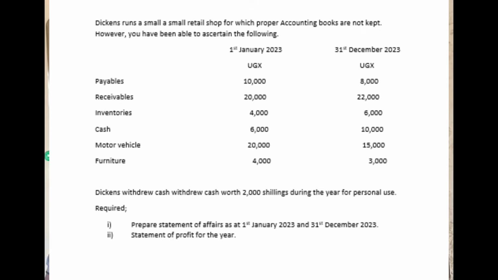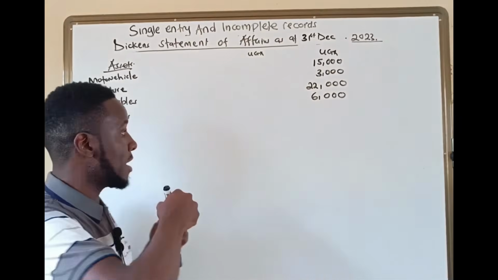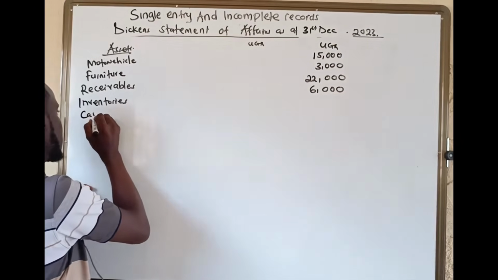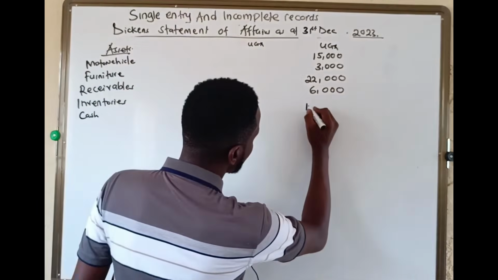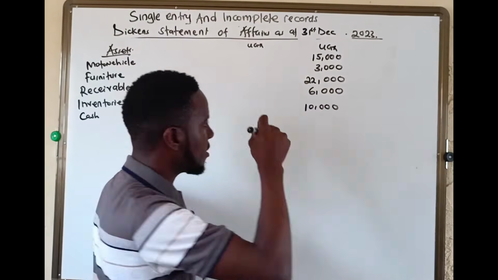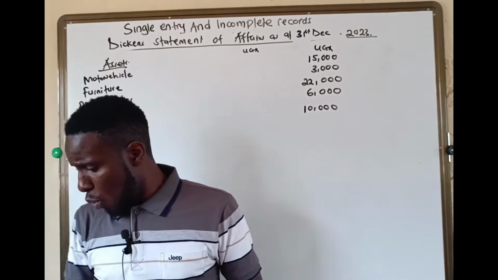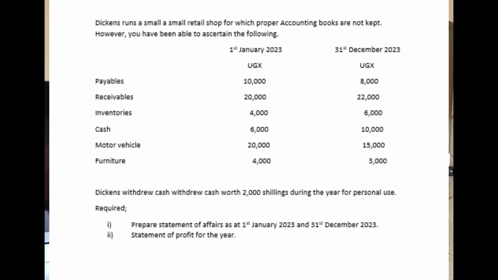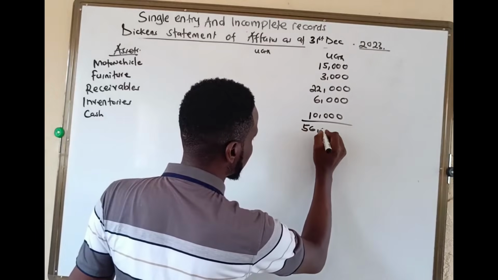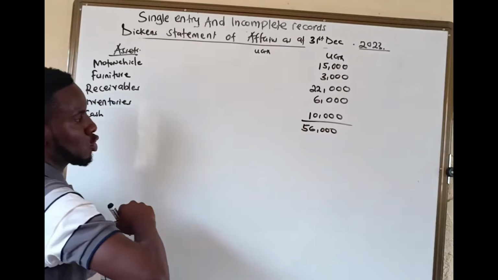Then we have cash, and our closing balance for cash was 10,000. So we shall have cash, and we have 10,000. When you check, I think those are the only values that we have. So when you add this, you are going to get 56,000 as our total assets.